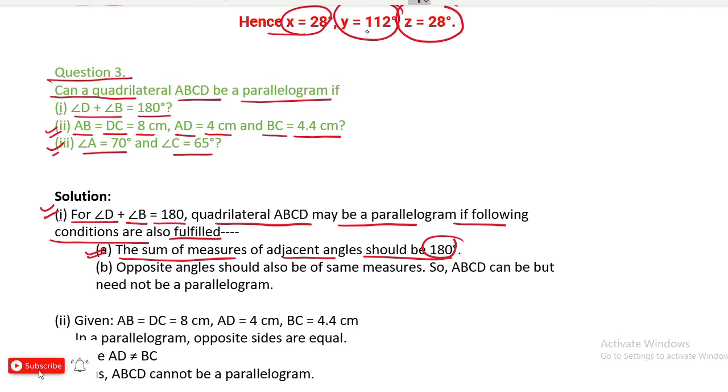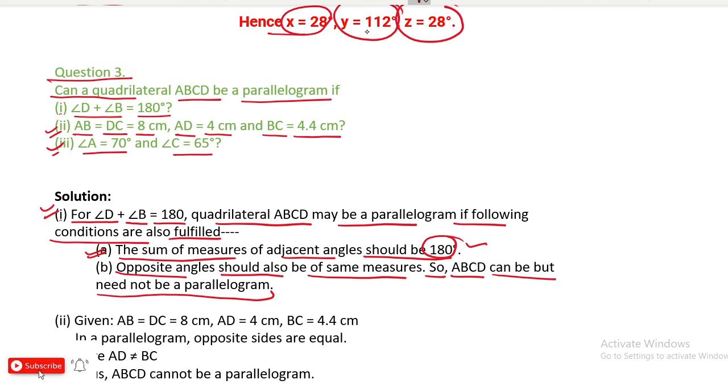It is the first property of the parallelogram. Now the second: opposite angles should also be of the same measure. So ABCD can be but need not be a parallelogram.